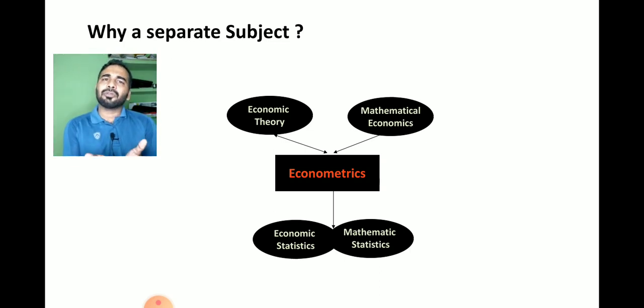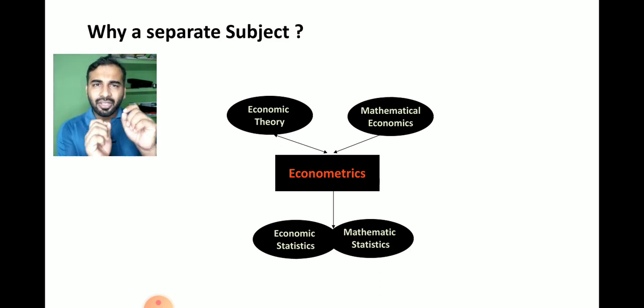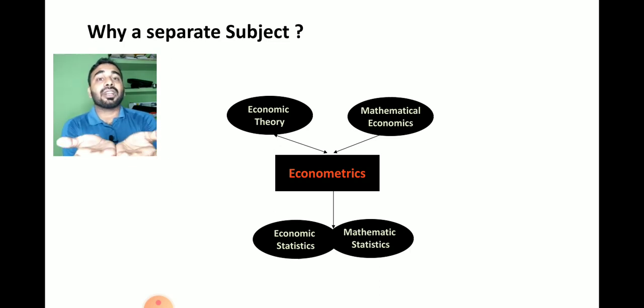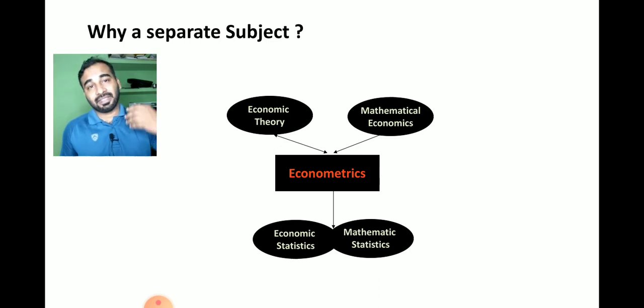Then why do we need econometrics? Econometrics will take something from economics, something from mathematics, economic statistics and mathematical statistics, and make its own ideas, theories and tools to verify an economic theory or a statement made by economics.